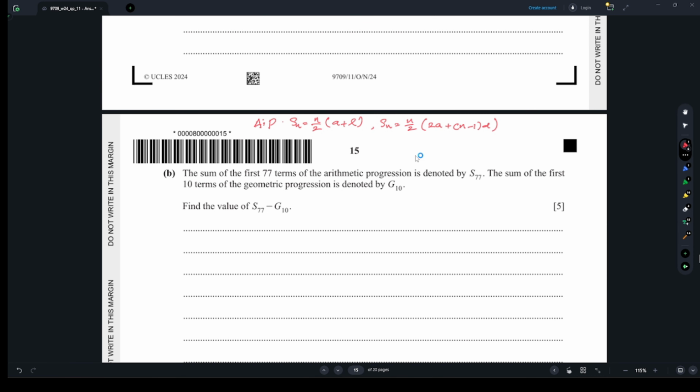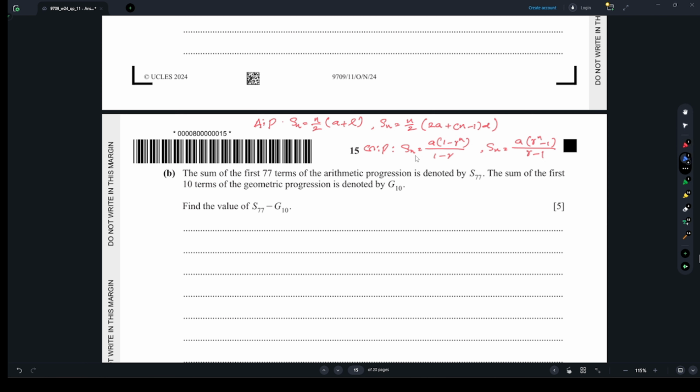And for the geometric progression, we have Sn equals a times (1 minus r to the power n) divided by (1 minus r), or Sn equals a times (r to the power n minus 1) divided by (r minus 1).